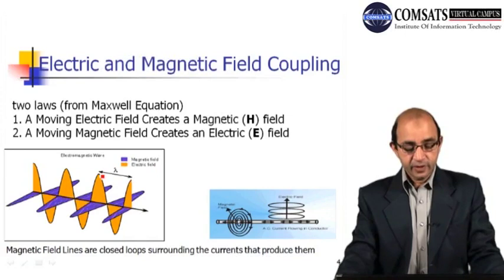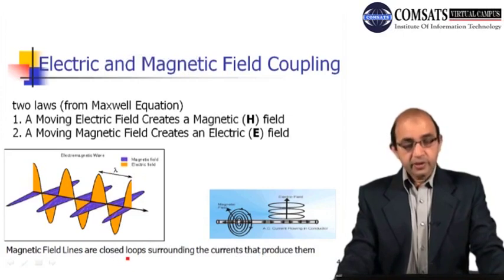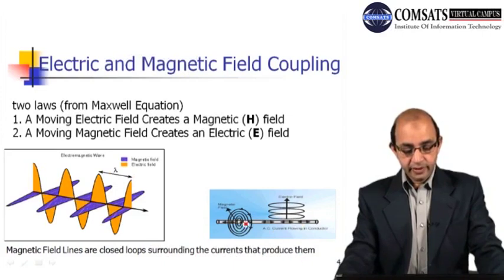You can also calculate the wavelength, because these are waves that are traveling with a certain velocity, so we can have the wavelength. They are closed loops surrounding the currents that produce them. So here you can see this is also a closed loop, and the magnetic field is also a closed loop.